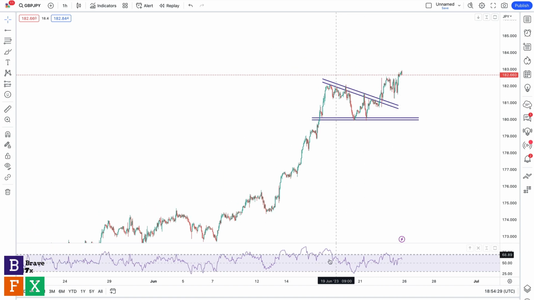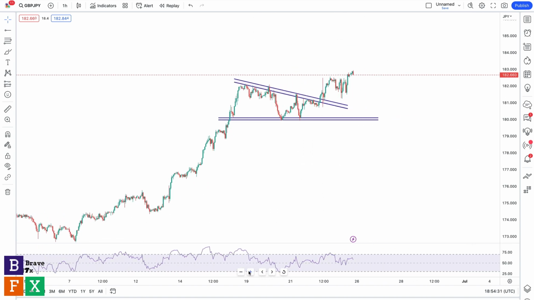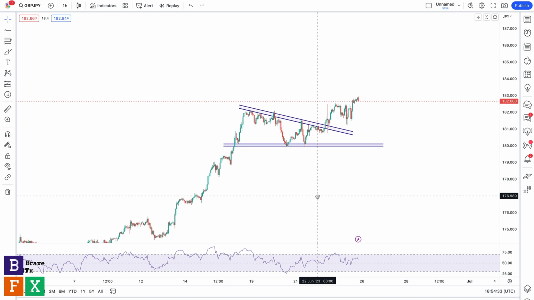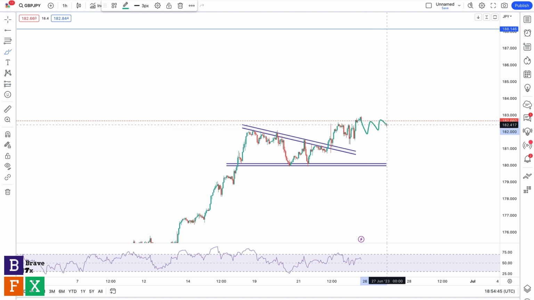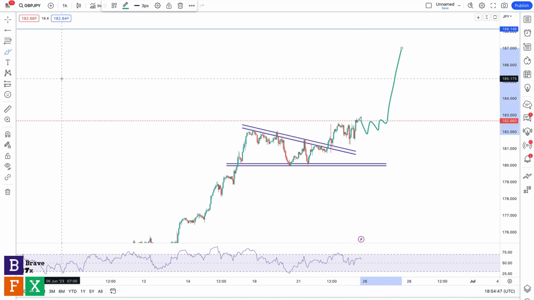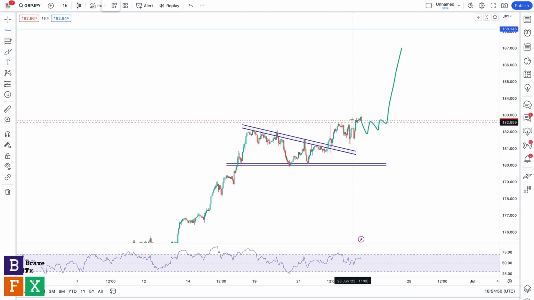Remember, these triangles don't really matter. What matters is the direction of the breakout. So obviously we had a bullish breakout in line with the bullish trend, and I'm going to watch out for something like this to go long. So we might get another higher low, then a consolidation before we go higher. So this is what I'll be watching out for to go long on GBP-JPY.